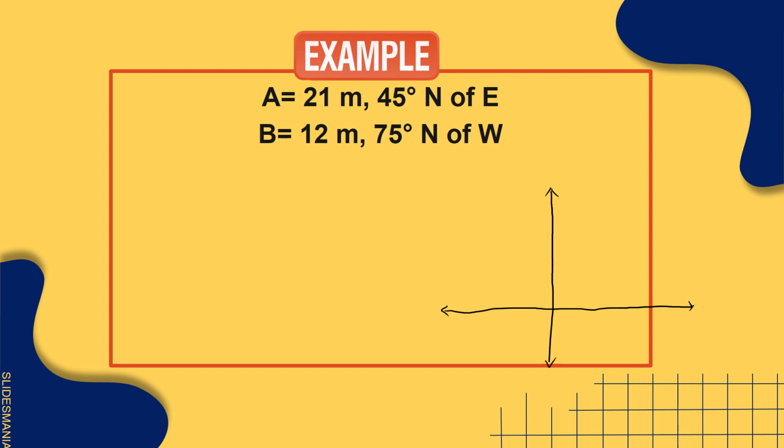Indicate its directions. We have east, south, west, and north. For vector A, that is 21 meters, 45 degrees north of east, assuming that this is already 45 degrees, and the magnitude is 21 meters.